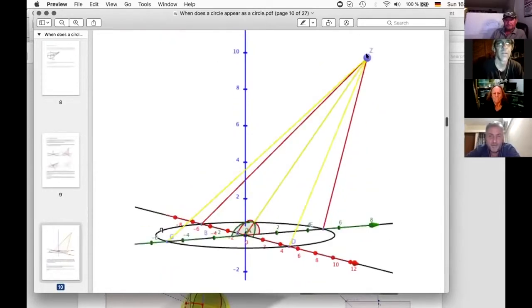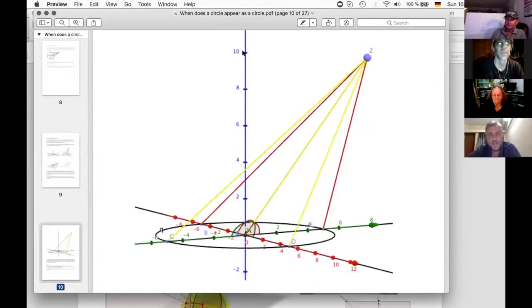So here it is. If that's where my eye is, and I'm looking at this circle on the ground, you could just transpose the whole thing. I could be on the ground and the circle could be in the sky. Geometrically, it doesn't matter. Then this thing will look like a circle when the enclosing angles next to each other are equal. So it doesn't have to be directly above.